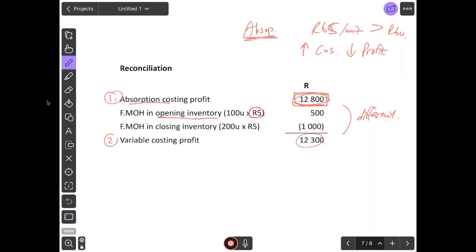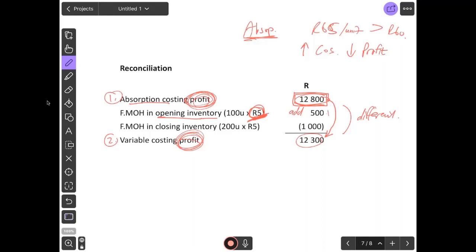So to get from absorption costing to variable costing, we have to add the 5 Rand. Why do we add it? Because I said it was already included. We add it not to the inventory value, we add it to profit. Remember, profit is what we reconcile here, profit. So we deducted it from profit, so now we add it back. So that's why this is a positive.